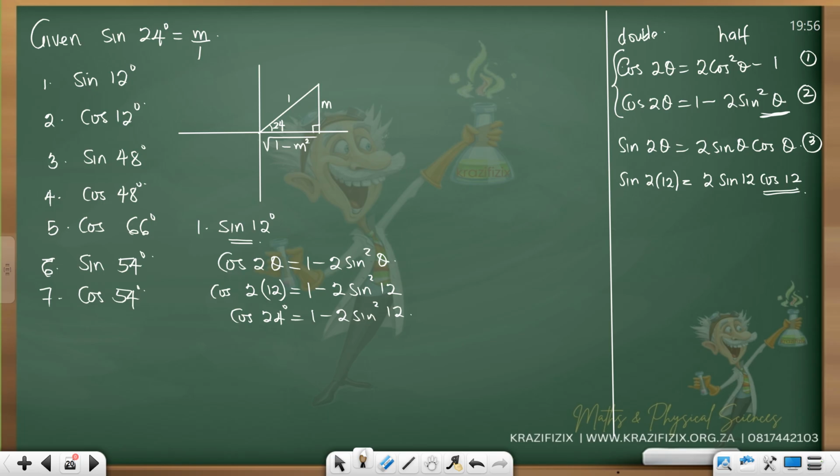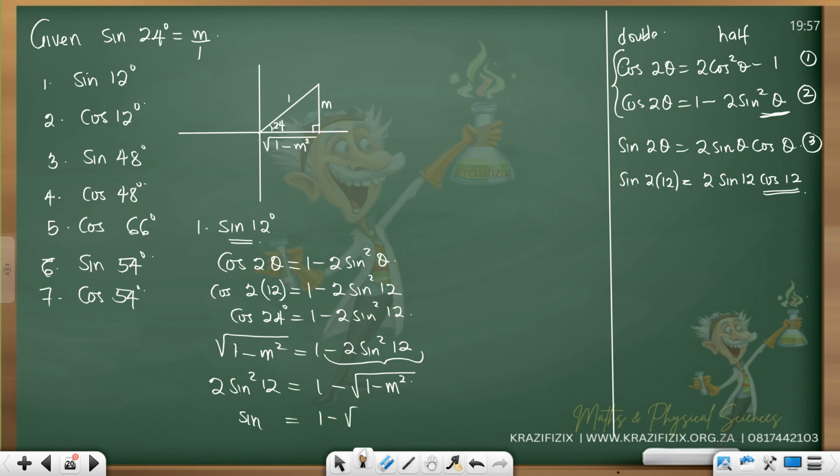Guys, can I get cos 24? It is what? Adjacent over hypotenuse. Which one is my adjacent? Root of 1 minus m squared. Now you just do simple algebra. Bring this whole thing to the left hand side. It becomes a positive. And then return that one over. Divide both sides by 2. 1 minus root of 1 minus m squared over 2.